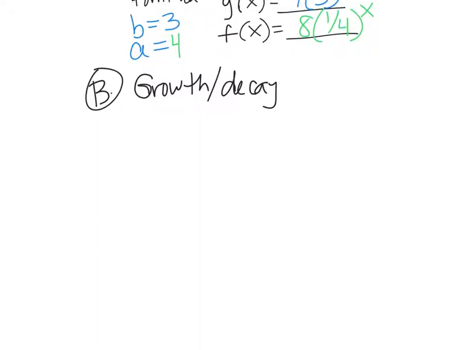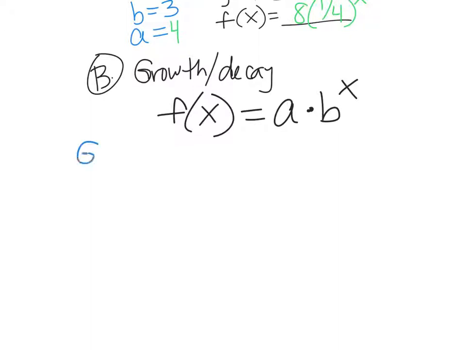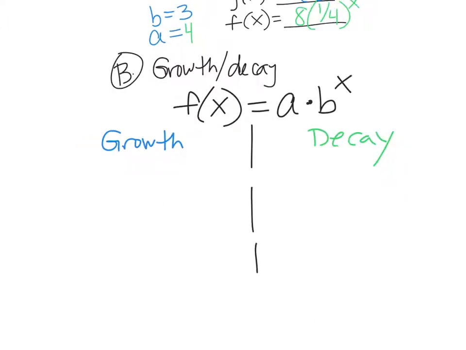Okay, so here we go. Let's do both. So let's say that we have f of x equals a times b to the x. A times b to the x. Now, we're going to have either exponential growth or we're going to have exponential decay. Okay, so let's go ahead and talk about each of those.